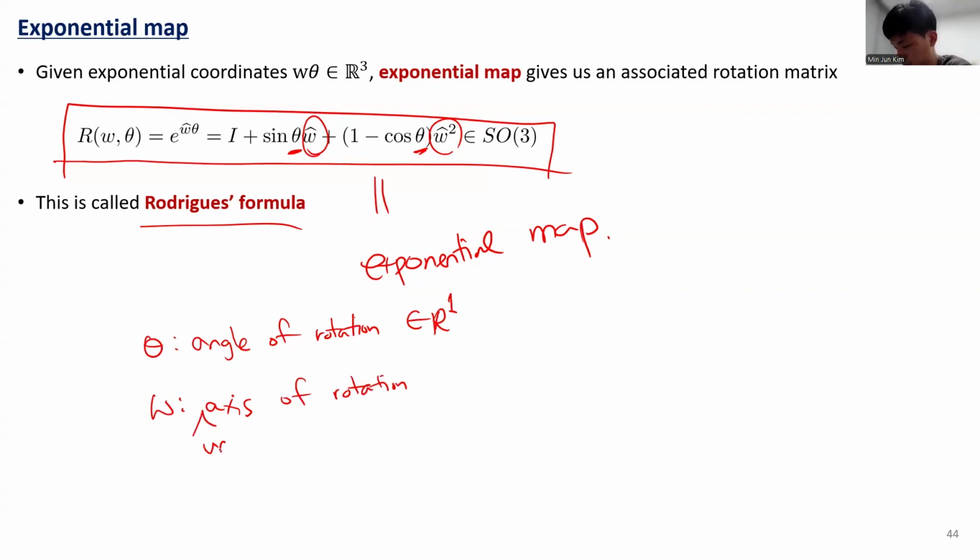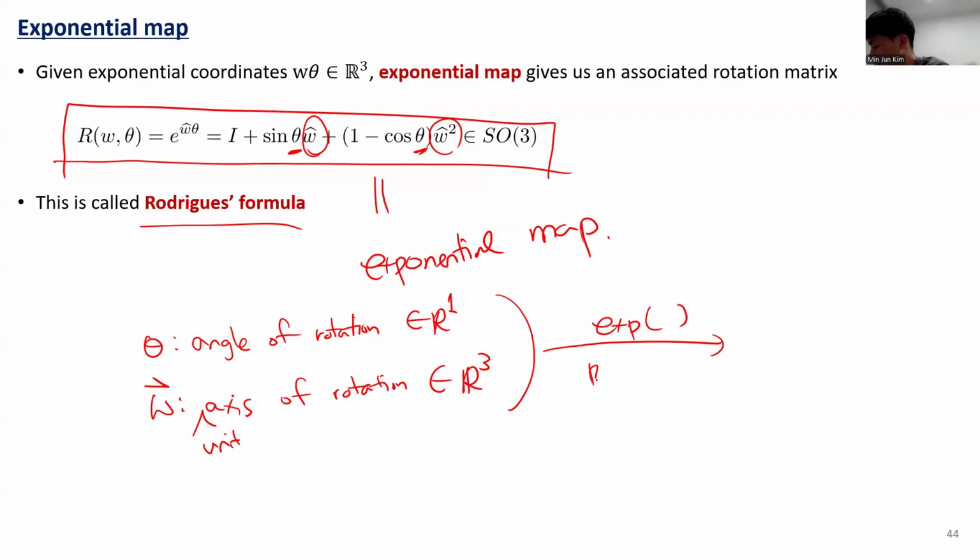Of course, that's a unit axis, and that belongs to R3. That's actually a vector, right? So if you have the angle of rotation and the axis of rotation, then you can take the exponential map or Rodrigues formula. Then you get a rotation matrix from omega and theta, which is a rotation matrix, right?